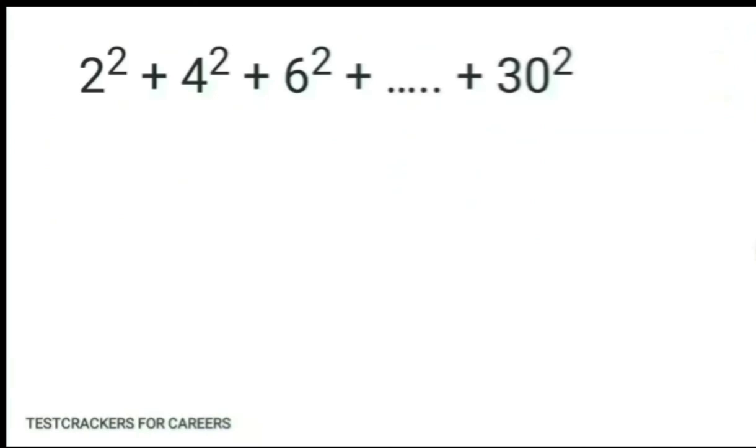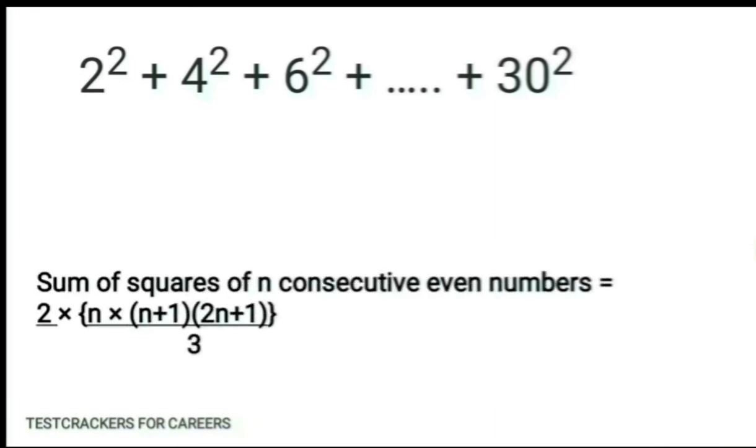Let's find the sum of the series 2 square plus 4 square plus 6 square till 30 square. The sum of the series is given by 2 into n into n plus 1 into 2n plus 1 divided by 3.